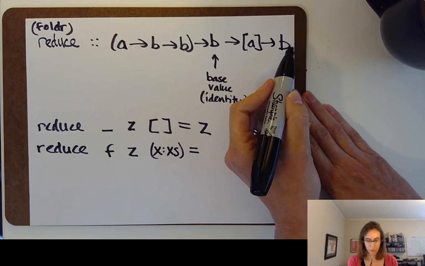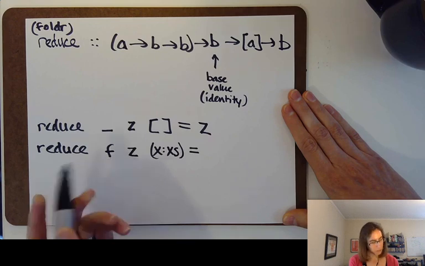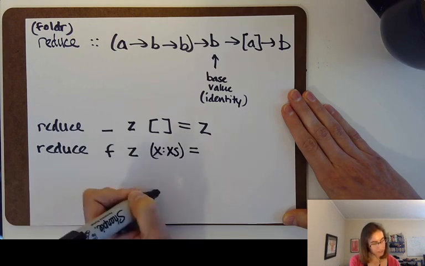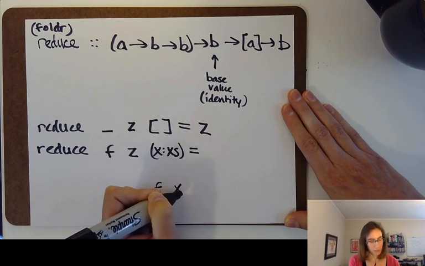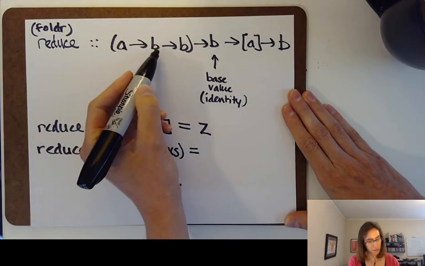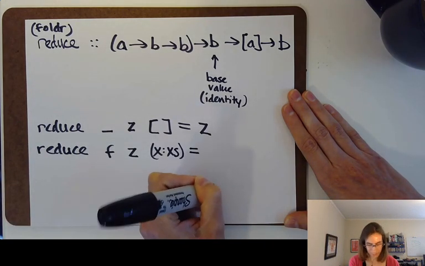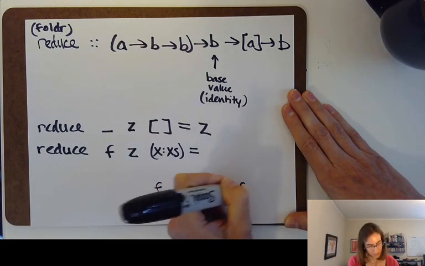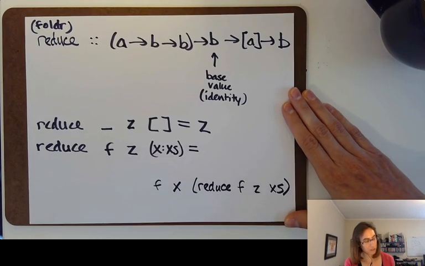So what we can do is take our function f and apply it to x, which is an A, and then we need another argument, which is of type B. How do we get a thing of type B? With a recursive call. So that's what the implementation of reduce looks like.